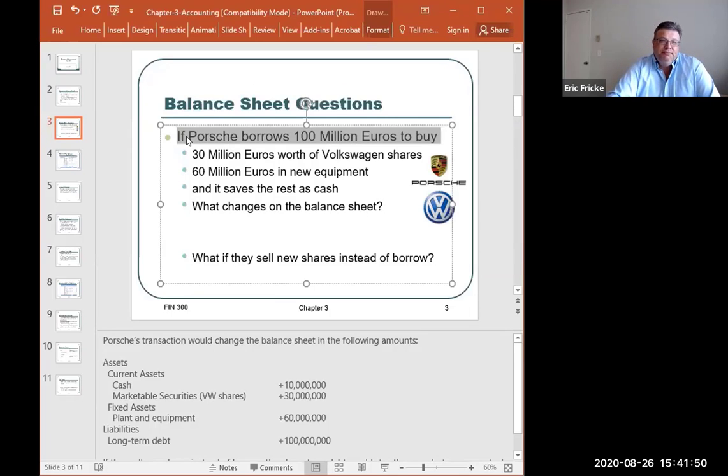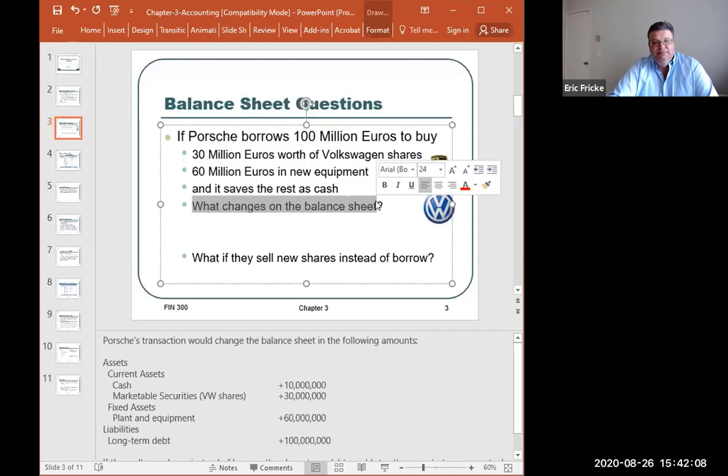So here's a question. If Porsche borrows 100 million euros to buy 30 million euros of Volkswagen shares, 60 million euros in new equipment, and the rest, or 10 million, as cash, what changes happen on the balance sheet?